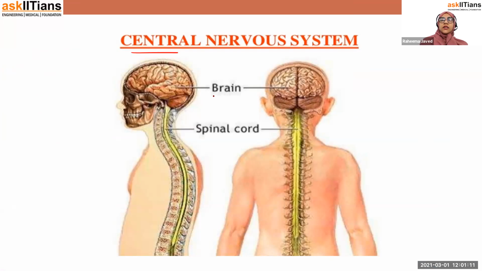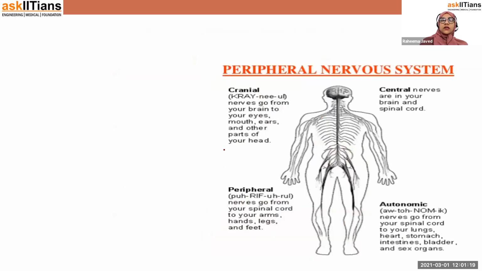The central nervous system is the part of the nervous system which includes the brain and spinal cord. This is very important because the peripheral nervous system consists of the nerves that are arising from the brain and spinal cord. So the first type of nerves are cranial nerves.